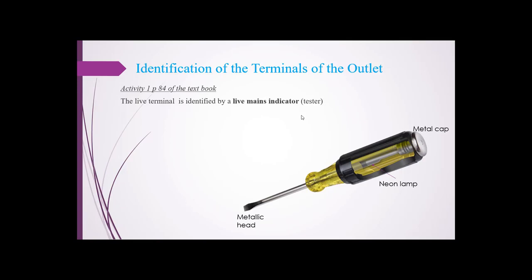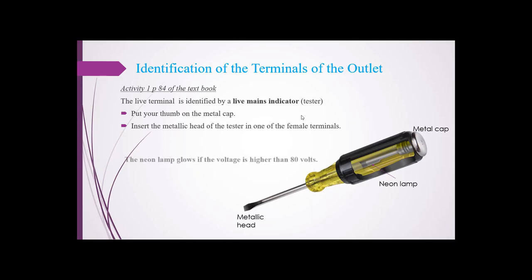What are the steps that we should follow to identify the terminals using this device? We should put our thumb on the metal cap and insert the metallic head of the tester in one of the female terminals. Here, the circuit is closed. If the voltage is higher than 80 volts, then the neon lamp will glow.